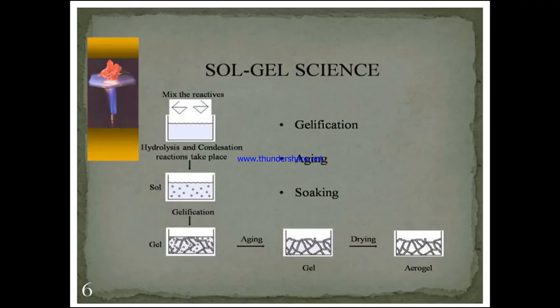So this is the process in the sol gel technique, that is mixing the reactants. The mixing of the reactants here is nothing but the metal alkoxide. To the metal alkoxide we are going to add water, and water acts as the catalyst.